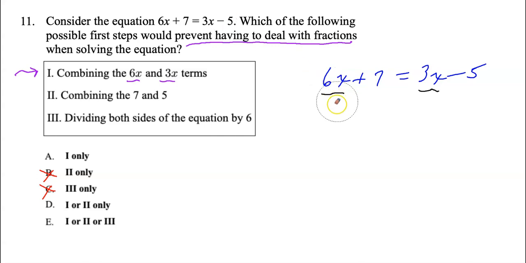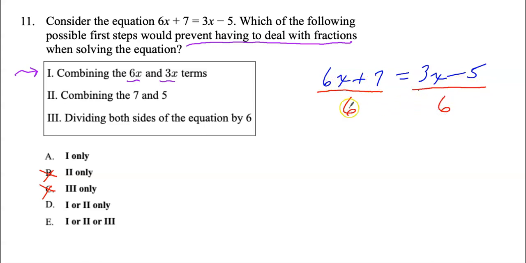And it's telling us to divide both sides of the equation by 6. So this is my left side, this is my right side. If I divide both sides of it, basically what I'm going to do is divide this side by 6. And I'll divide this side by 6.